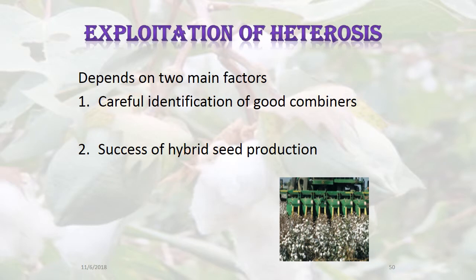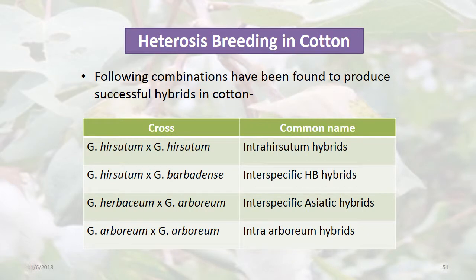Exploitation of heterosis depends on two main factors. First one is careful identification of good combiners, and second one is success of hybrid seed production. Combinations which are favorable to produce successful hybrids in cotton are: first one is Gossypium hirsutum × hirsutum, that is intra-hirsutum cross or hybrid.